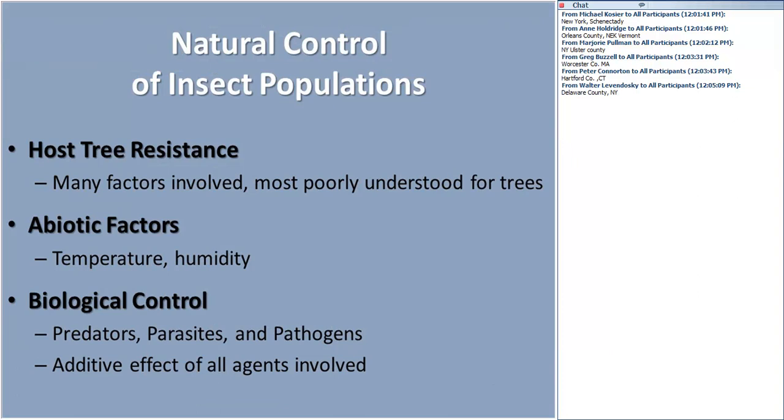So just a brief discussion on what keeps these natural populations controlled. And it's a combination of these three things, basically. Host tree resistance, we don't really understand it for all the forest insects we work with. In fact, we don't really understand it for every forest insect as far as I can tell.